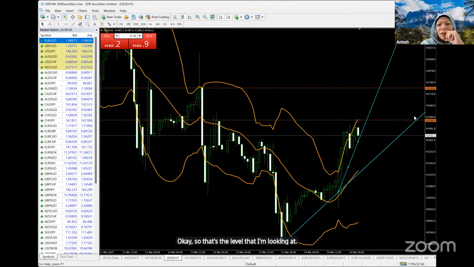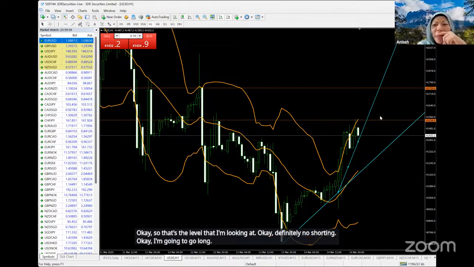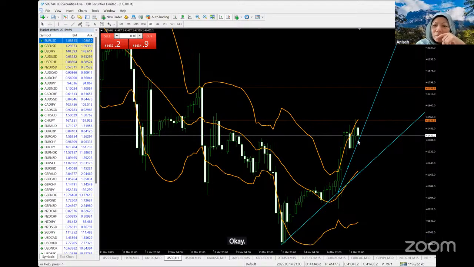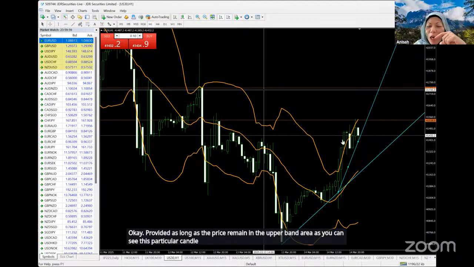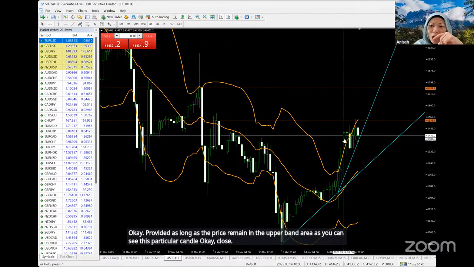Definitely no shorting. I'm going to go long, provided the price remains in the upper band area. As you can see, this particular candle opened and closed outside the band.